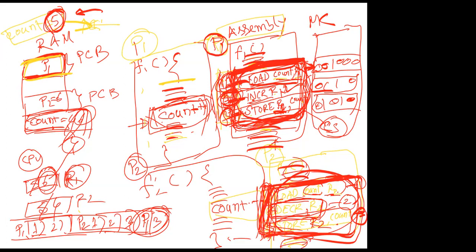Here you will get two things: one is the critical section, the other is the non-critical section. The critical section is simply written as CS, and the non-critical section is written as NCS. When your process needs to access some value from the shared memory, there should be some critical section.